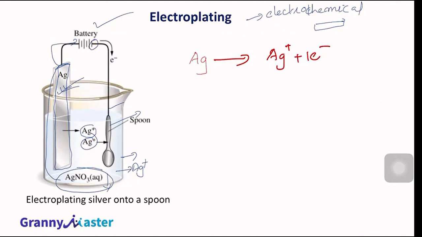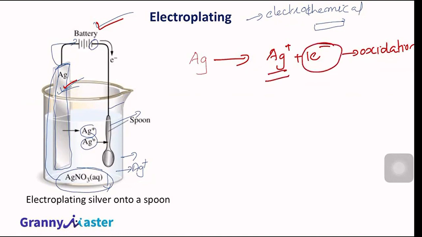Oxidation occurs. So once we apply electric current, or voltage, or provide electricity to this system, the silver which is connected to the positive terminal of the battery will undergo oxidation and becomes silver ions, and it releases one electron.